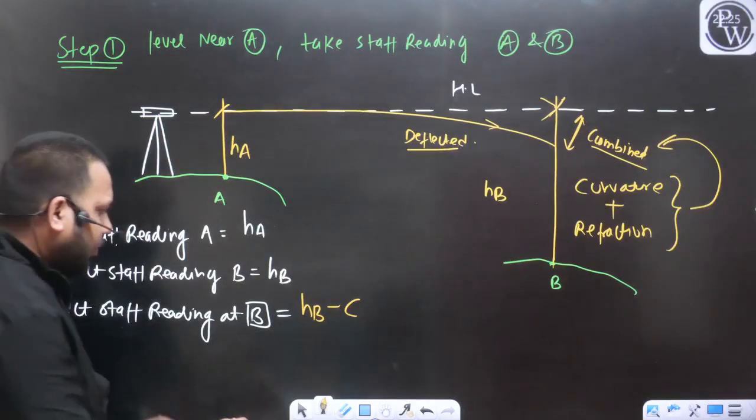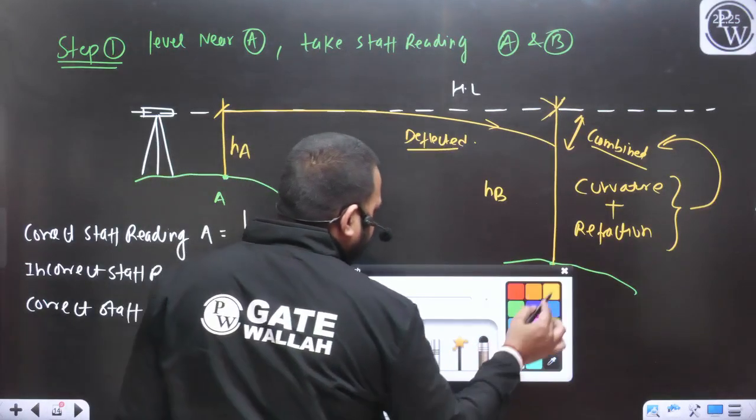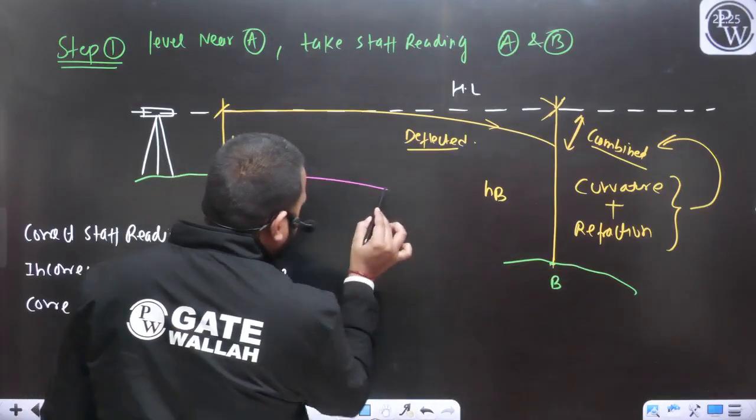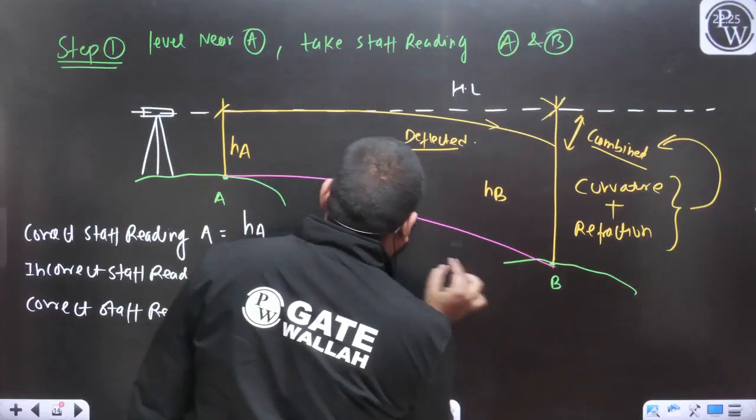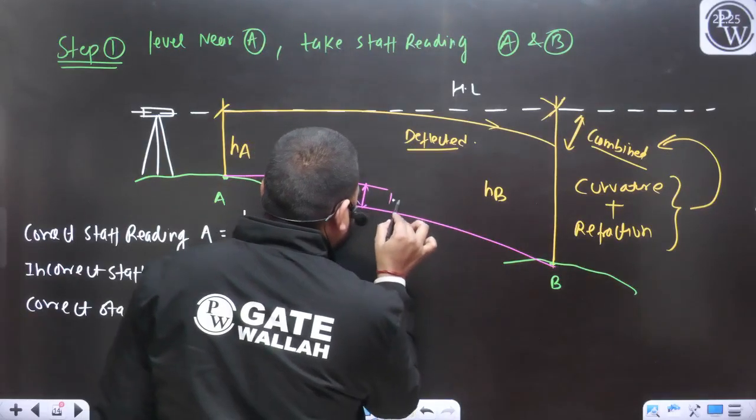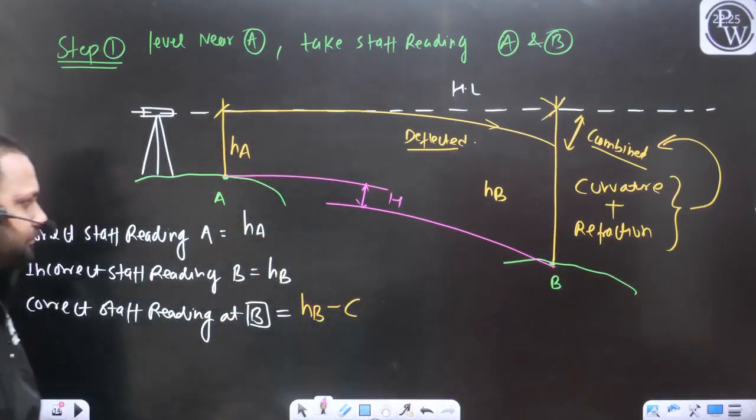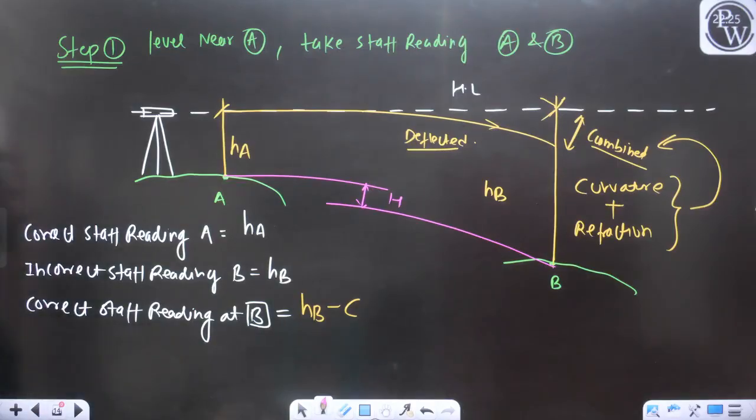If I want to know the elevation difference between point A and point B, let's say this elevation difference is capital H. How can I find it out with the help of these readings?